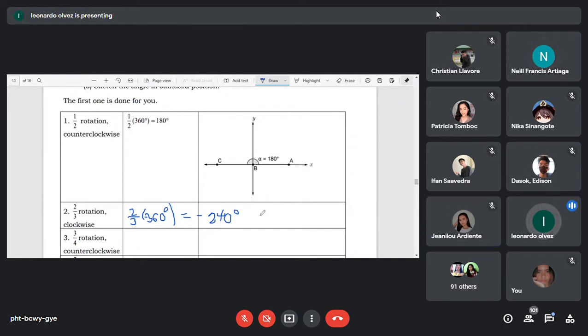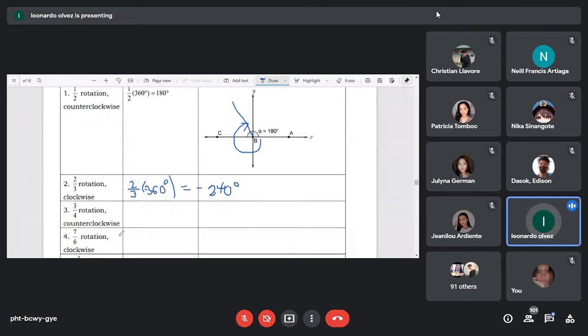That is in quadrant 2. So the terminal side is at quadrant 2. So that is negative 240 degrees.